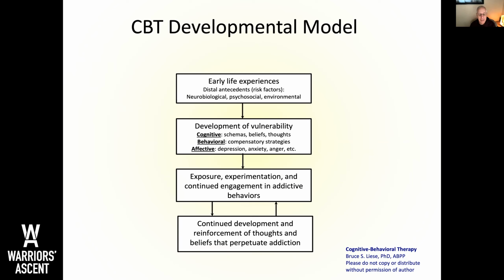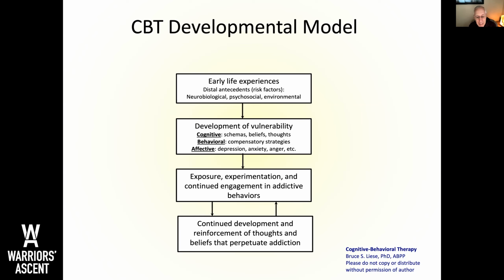This is not just about addictions though. If a person is badly treated early in life, and that would be psychosocial, and they live in an environment that doesn't nurture their growth, they never have adequate intellectual stimulation, there's a lot of crime in the area, and they have a family history of mental health problems neurobiologically, they may very well develop a vulnerability of negative thinking about themselves, about the world.